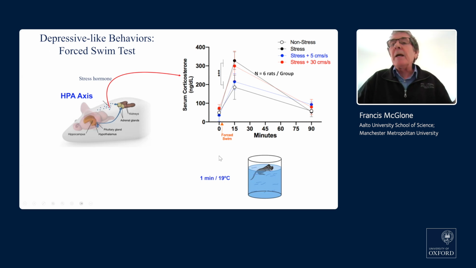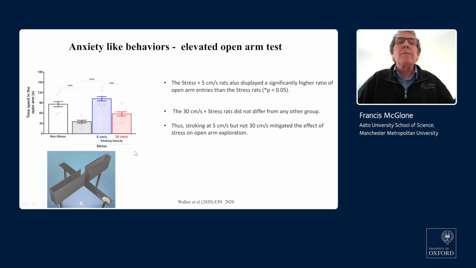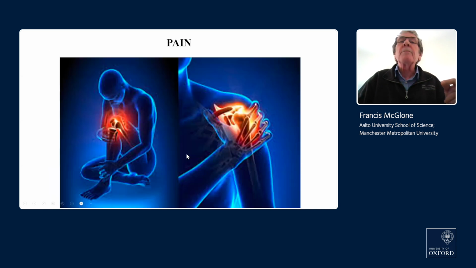And if you look at their behavior, the slow stroke rats were basically stress resilient. Just one example, the elevated maze: you can see the rats that got stroked at 5 centimeters per second were resilient to any kind of stress associated with this particular test. 5 to 10 minutes a day of stroking touch had built resilience in these rats.